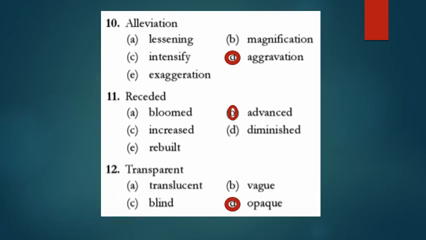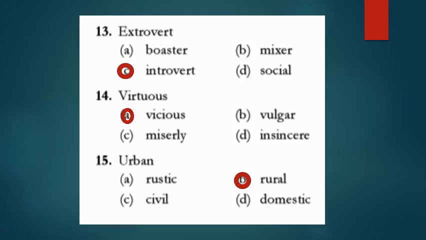Alleviation, D, aggravation. So alleviation is reducing suffering; aggravation is worsening. Receded, advanced, B. Transparent, D, opaque. Virtuous, A, vicious. Vicious means immoral, cruel.